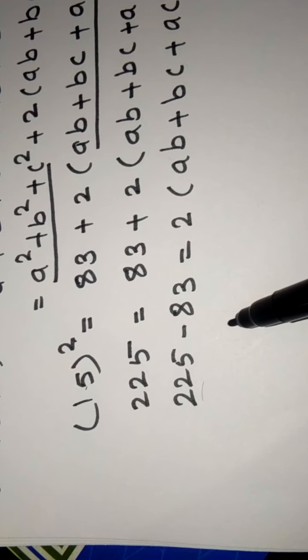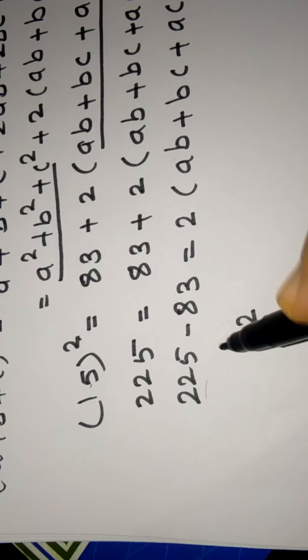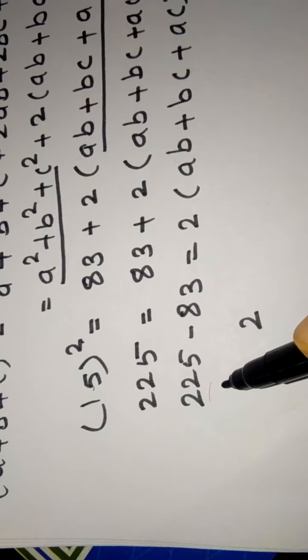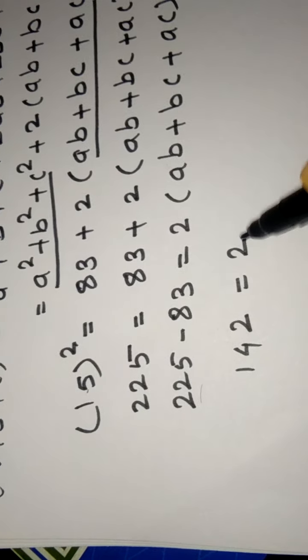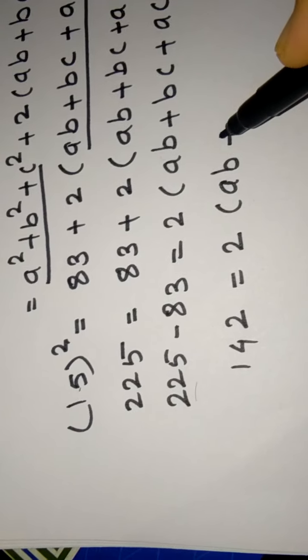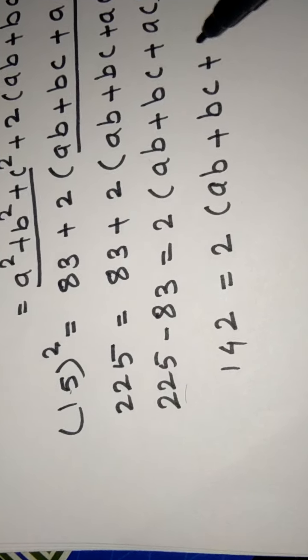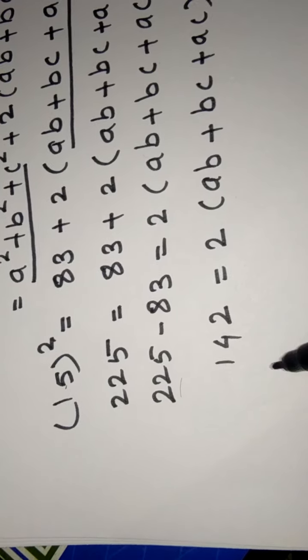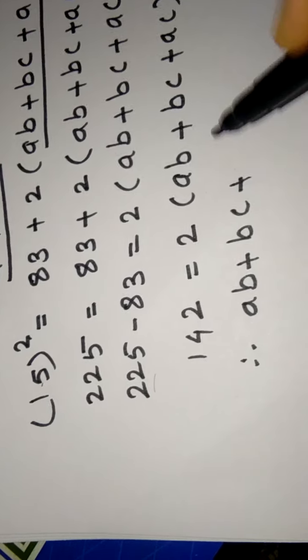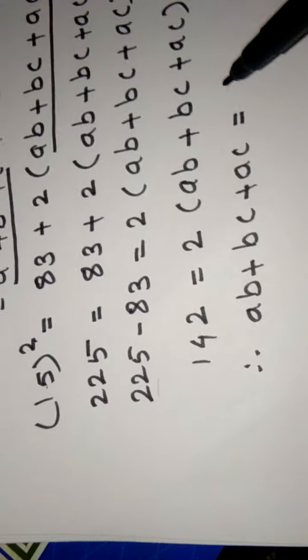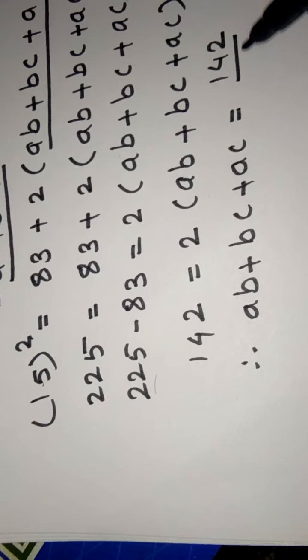This subtraction: 5 minus 3 is 2, 22 minus 8 is 14, so 142 is equal to 2 times ab plus bc plus ac. Therefore, ab plus bc plus ac is equal to 142 upon 2.